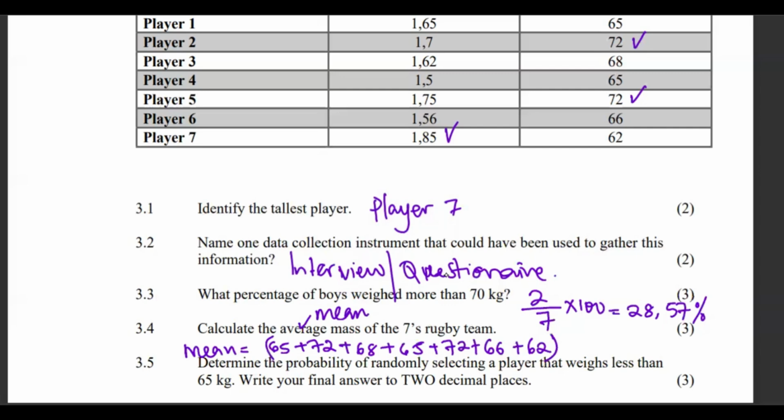After adding, we shall divide by 7, because we have added 7 numbers. We have 470. Divide this by 7, you get the answer as 67.14 kilograms.